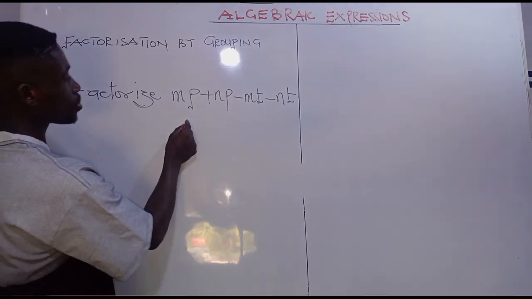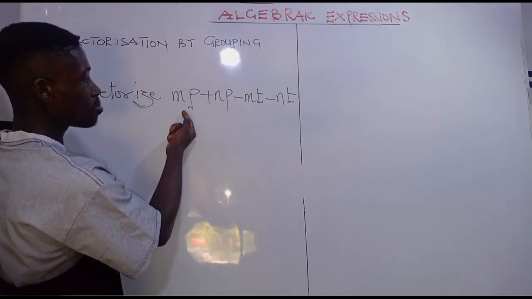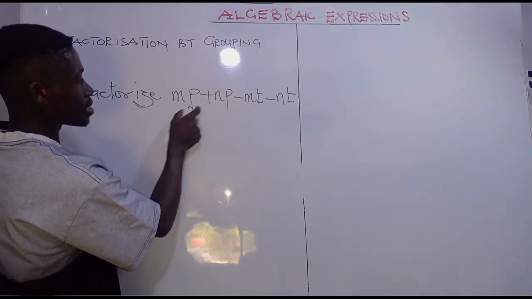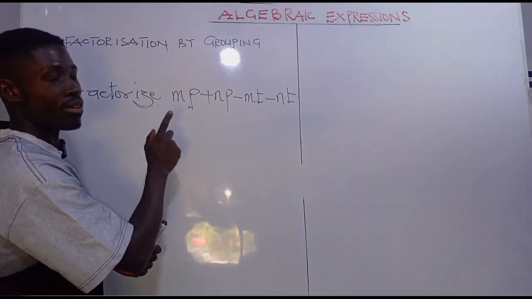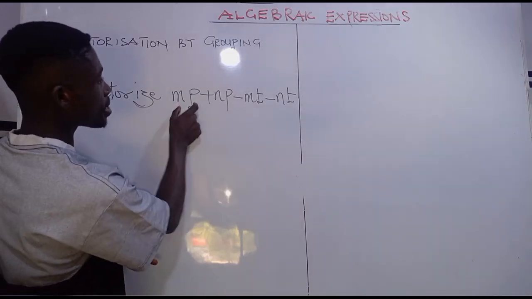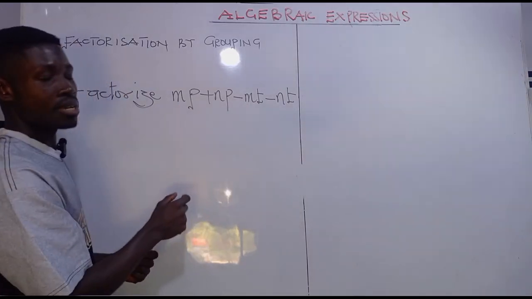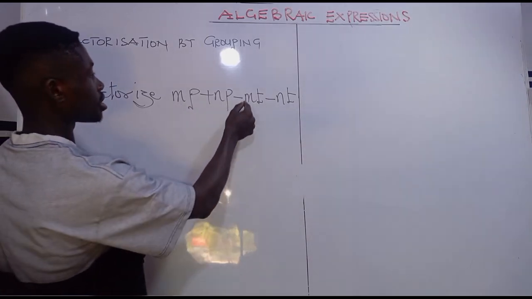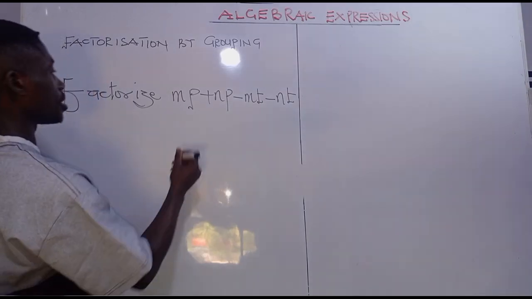So looking at this, we have P and P. We can group MP and NP because these two terms have a common variable, which is P and P. We can also group MP and then MT because these two have a common variable, which is what? M and then M. So let's solve it.